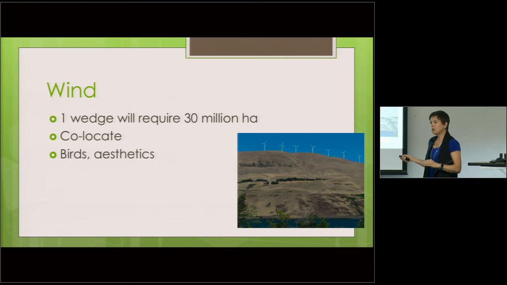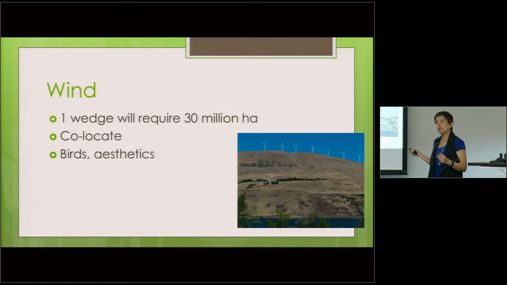Wind. One wedge would require about 30 million hectares. This is a picture that I took along the Columbia River. I was in Oregon, and these are in Washington. And so you can co-locate these. So there could be animals grazing here. So just because it takes up 30 million hectares, it doesn't really, maybe.